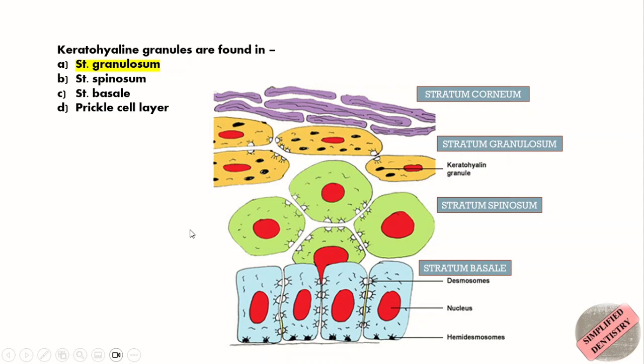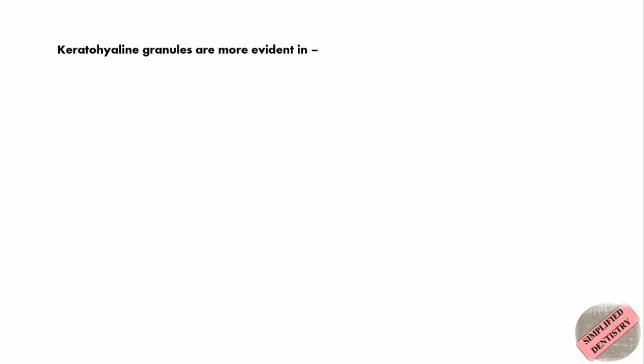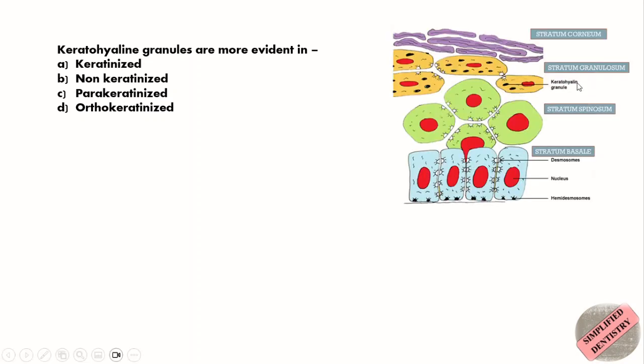Next question is also related to keratohyaline granules. The question is keratohyaline granules are more evident in, options are A. Keratinized, B. Non-keratinized, C. Parakeratinized, and D. Orthokeratinized. So as we have discussed earlier that the keratohyaline granules are present in the stratum granulosum, which is present in the keratinized epithelium, and is absent in non-keratinized.